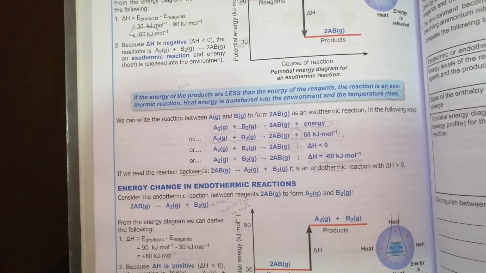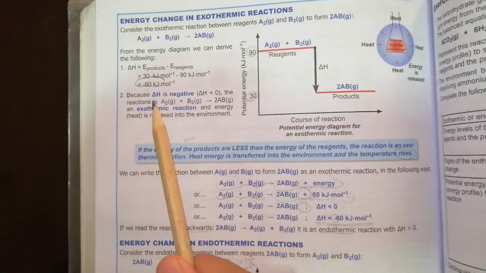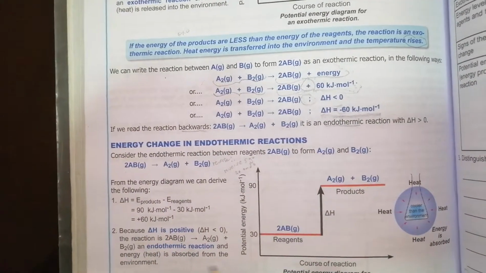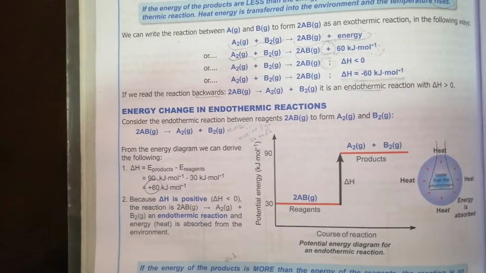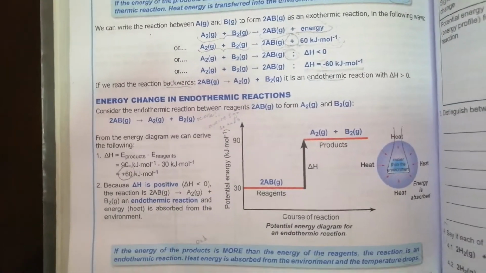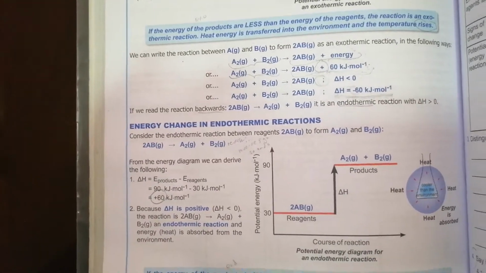Because we reversed it, instead of having negative 60 kilojoules per mole as delta H, now we have positive 60 kilojoules per mole for delta H. And since it's a positive number, we now know it's an endothermic reaction. So just remember, if you reverse the reaction, the type of reaction also reverses.